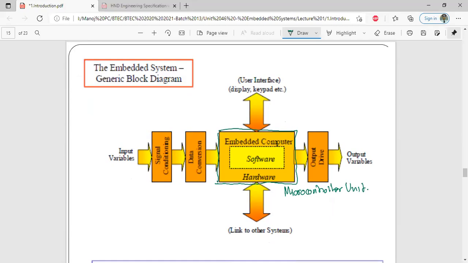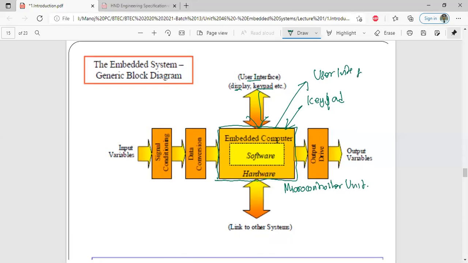Here it interfaces to a keypad, and if you have a user interface and a display, they have both input and output devices. As an example, the keypad is an input. The user interface display is an output, right?